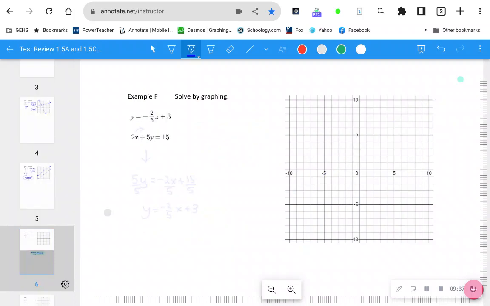Okay, I'll show you the other exceptional one, the one that causes issues. We've got one that's ready to graph up here, so I'm going to go ahead and find my y-intercept of 3 and go 2 down and 5 to the right, 2 down and 5 to the right, and then I'll finish it off going the other direction and draw my line through there. That is the first line.